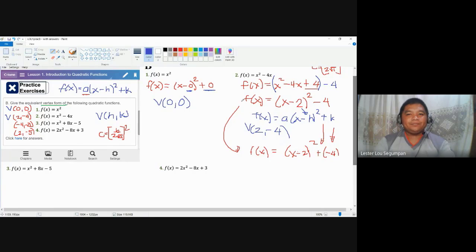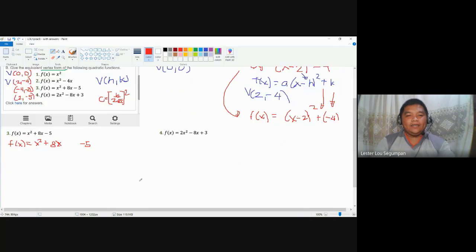Number 3. So for number 3, we have f of x is equal to x squared plus 8x, and I'm going to move a little bit further the minus 5. Why? Because I need to add something so that this could be a perfect square trinomial. And what value is that?